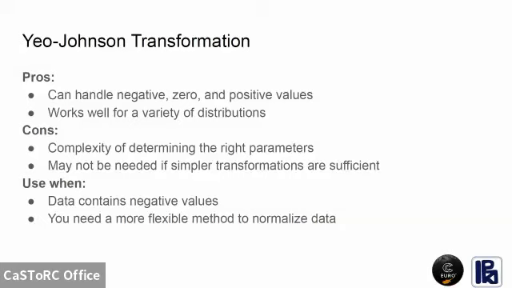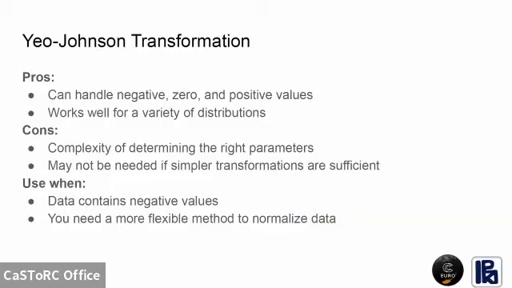This works very well for a variety of distributions to convert them into normality. And the complexity also has the same negatives: the way you determine the right parameters to convert the distribution. And this may also be too much if some other simple transformations are sufficient.